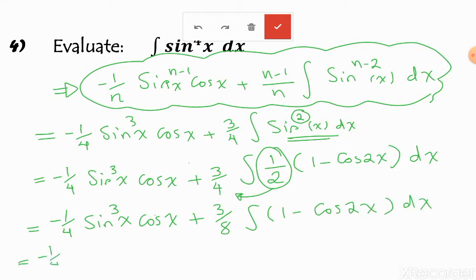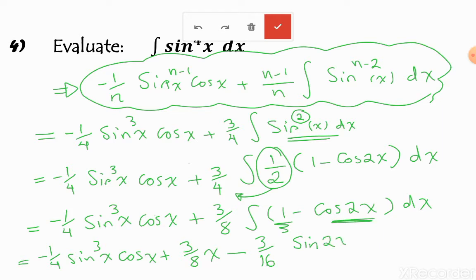Again, negative 1 over 4 sine cubed x cosine x plus 3 over 8, and the integral of 1 is x, so we write 3 over 8x, and we multiply by using the distributive property, minus 3 over 16. Excellent. You know why? Because the integral of cosine is sine, the integral of cosine 2x is sine 2x, and this all over 2. And 2 times the denominator 8 is 16 now.